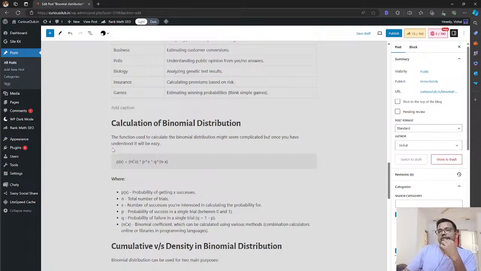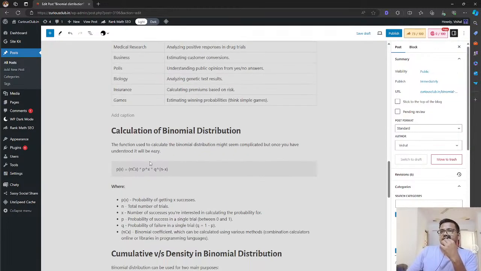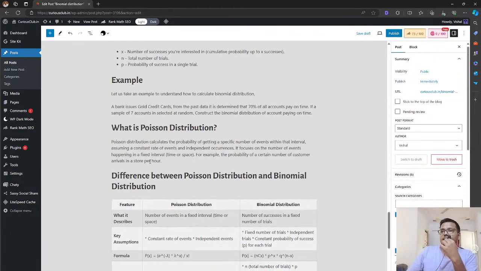This is the formula: P of x is equal to nCx multiplied by p to the power x multiplied by q to the power n minus x. Q I have also explained here. So I'll get into the example.